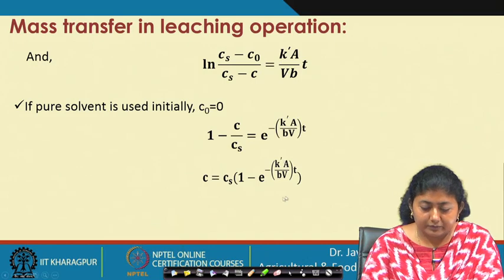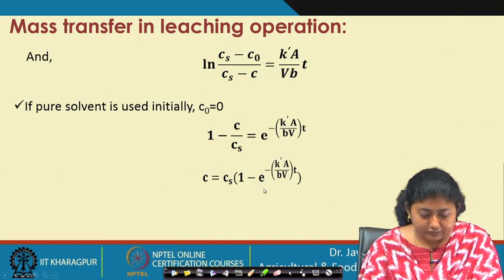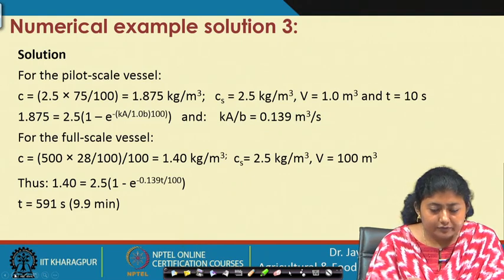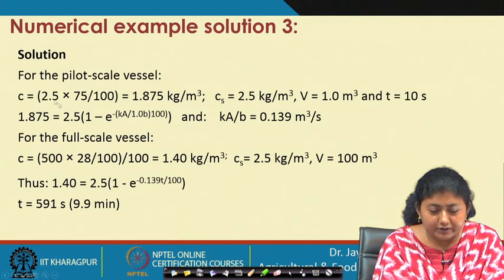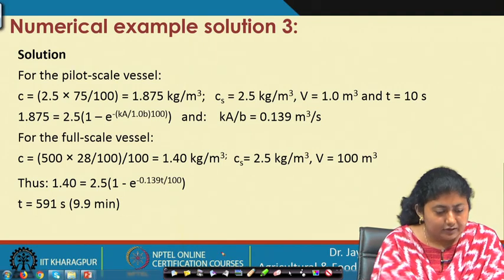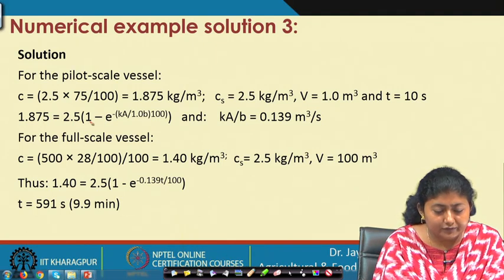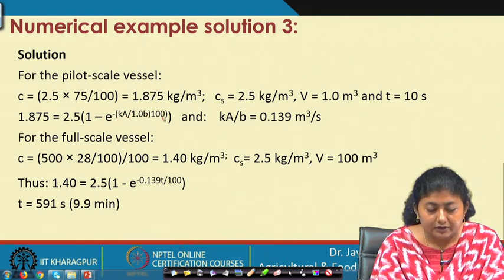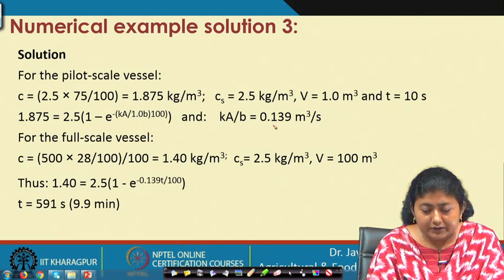Then we will calculate what will happen in the actual system. So we put the values of C and Cs here: 1.875 equal to 2.5 into (1 minus e to the power minus k A by V B), where V is 1 meter cube, into time t. So we are getting k A by B.